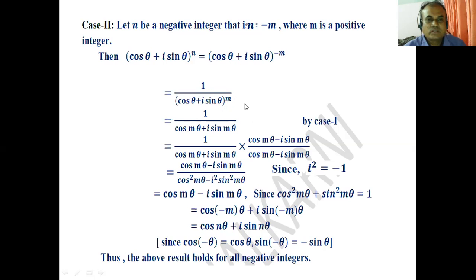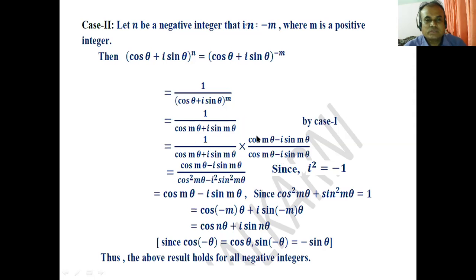So we can write this value as equal to 1 divided by (cos m theta plus i sin m theta). Now this is a complex number. We simplify it using the rationalization process. Rationalization means changing the sign and multiplying numerator and denominator. So 1 divided by (cos m theta plus i sin m theta) times (cos m theta minus i sin m theta) divided by (cos m theta minus i sin m theta).